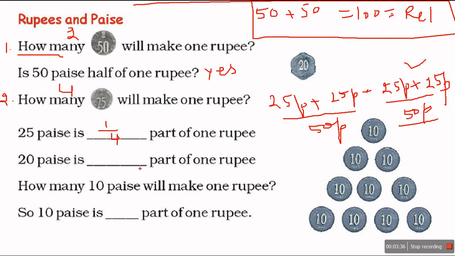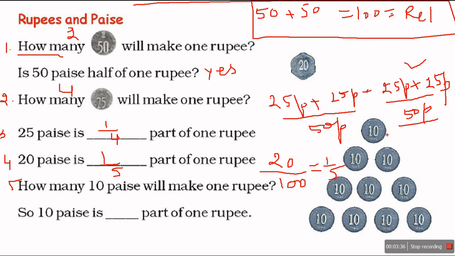Okay. 20 paisa is how much part of 1 rupee? Total is 100 paisa, and 5 times 20 is 100. So 20 paisa is 1/5 part of 1 rupee. This is question number 3: how many 10 paisa will make 1 rupee?